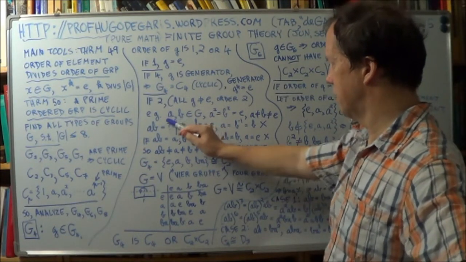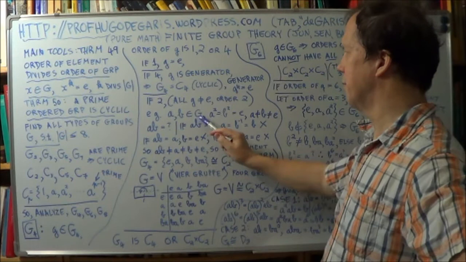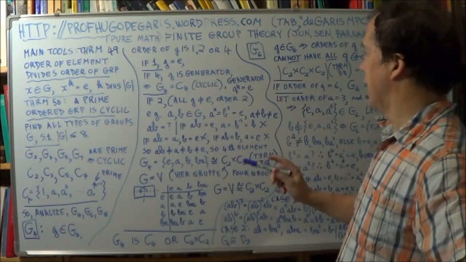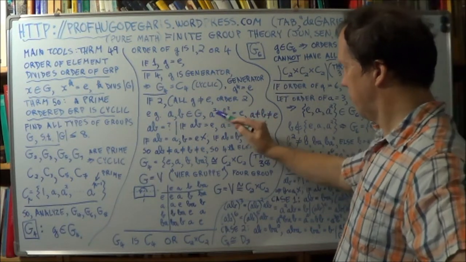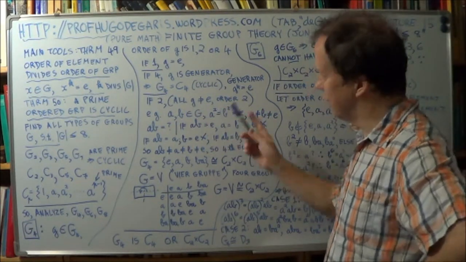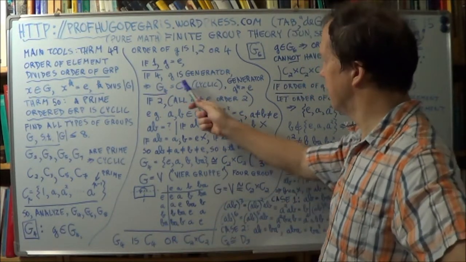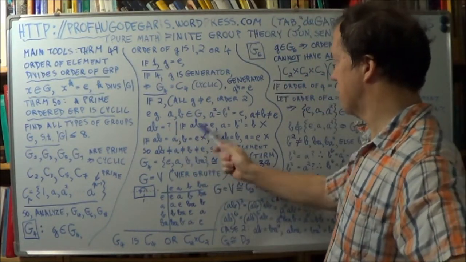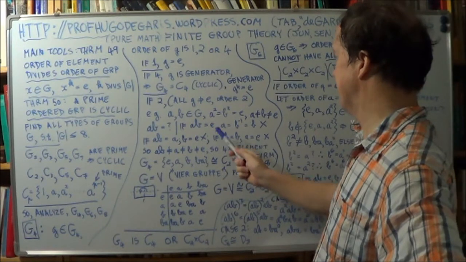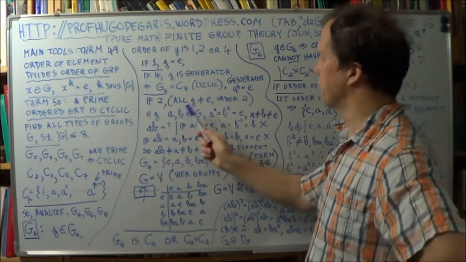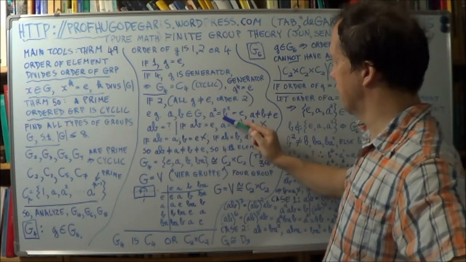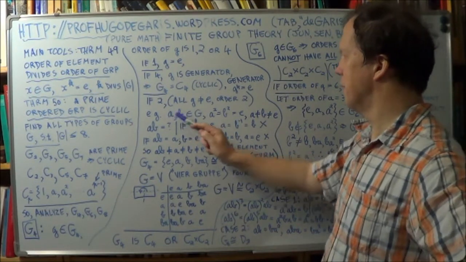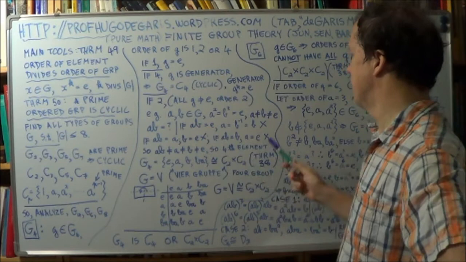So we just take 2 elements of this G4, and we've assumed all three elements except for the unit have order 2. So if we take 2 of them, they will both have order 2. Therefore, A squared is the same as B squared, which is E, right? And let's assume these are distinct, different elements.